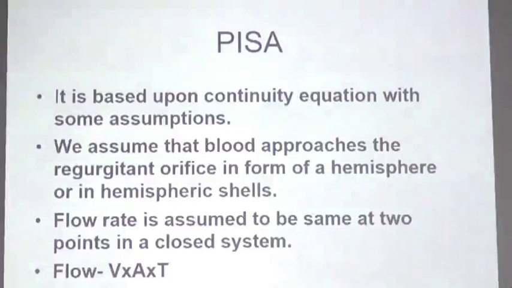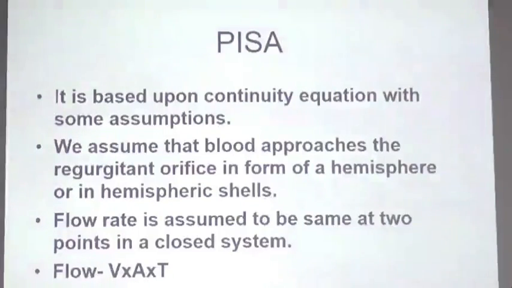We rely on vena contracta and PISA. It takes slightly more time as compared to vena contracta, but not much difference is there. If you calculate vena contracta diligently, then half of the job is already done.